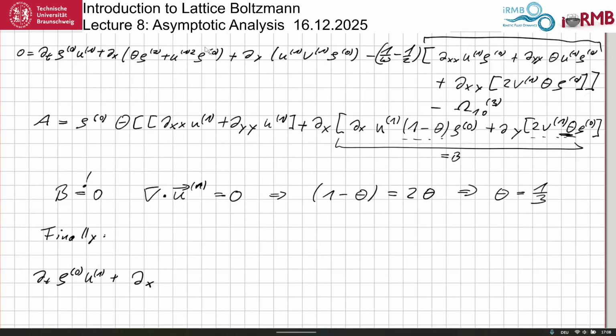So what we are going to do? I want to write it like in the Navier-Stokes equation. So I put the time derivative, the material derivative, on the left-hand side, and part of the material derivative is this here in conservative form, u1 square. So that will be u first order square rho 0, and this comes together with dy, and here we have u1 v1 rho 0.